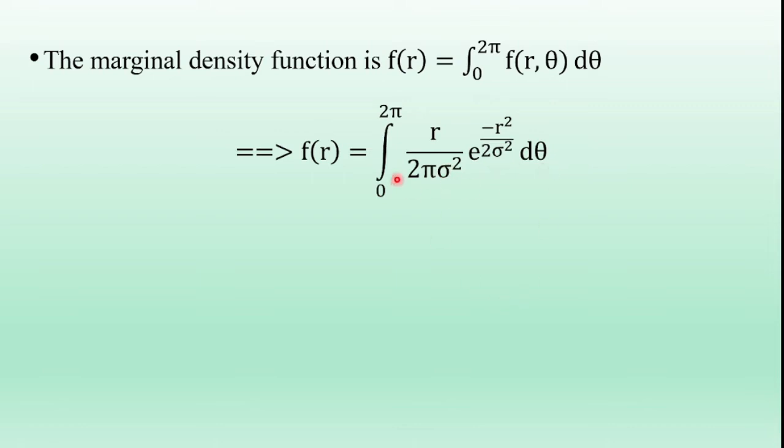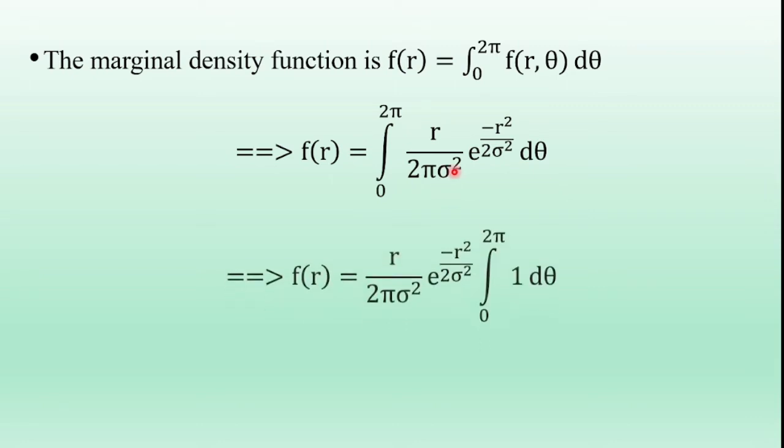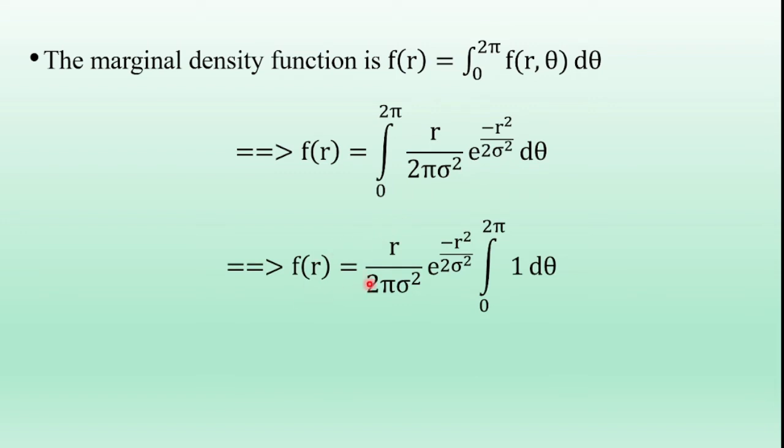So now here the integration is with respect to theta. So this term is constant, that is written before integration. We get f of r is equal to r by 2 pi sigma square e power minus r square by 2 sigma square into integral 0 to 2 pi 1 d theta. Integral 1 d theta is theta over 0 to 2 pi.